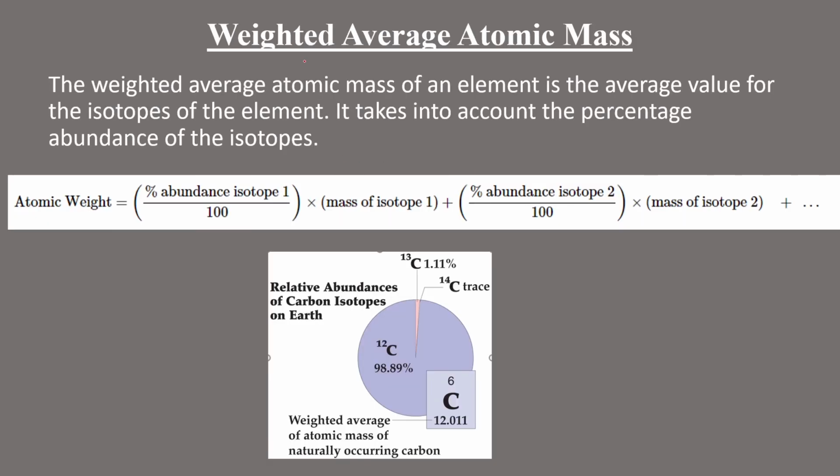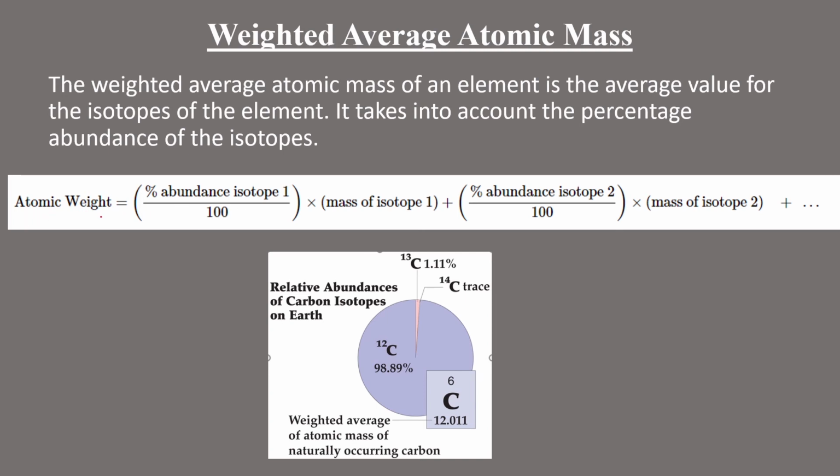Our next topic is weighted average atomic mass. The weighted average atomic mass of an element is the average value for the isotopes of the element. It takes into account the percentage abundance of these isotopes. I have the formula here.